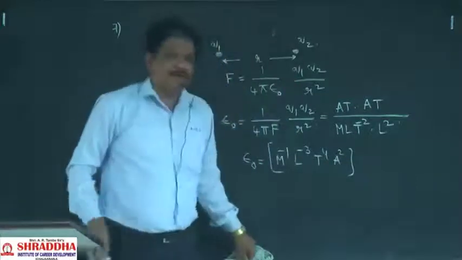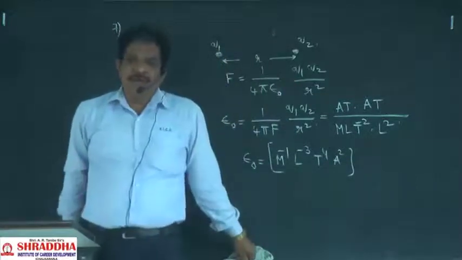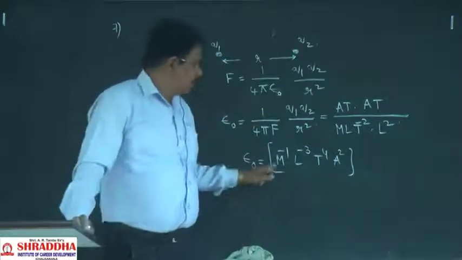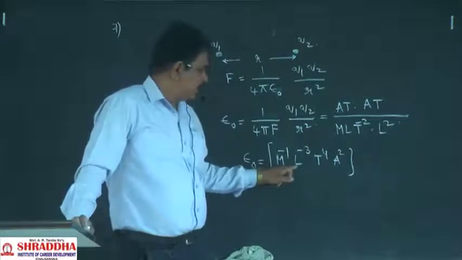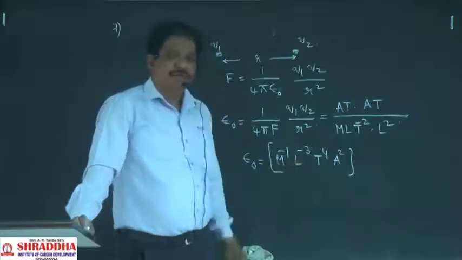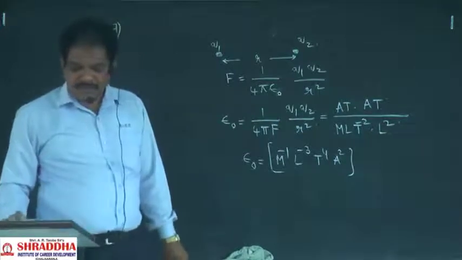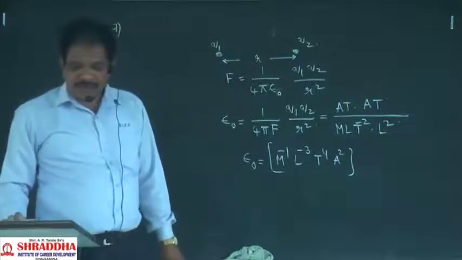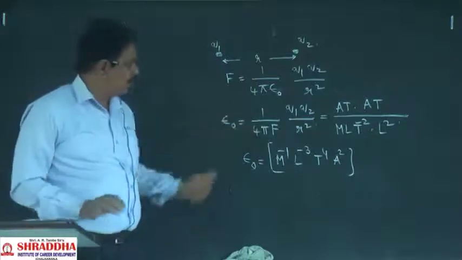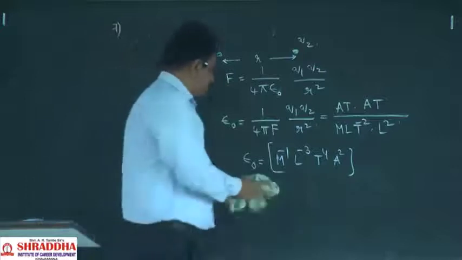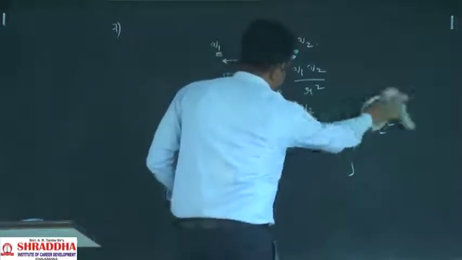So dimensional formula of permittivity of vacuum, what is the formula? M power minus 1 L power minus 3 T power 4 A square. That is the dimensional formula of epsilon naught. This is the dimension formula. If you want to write the unit, what will come here?